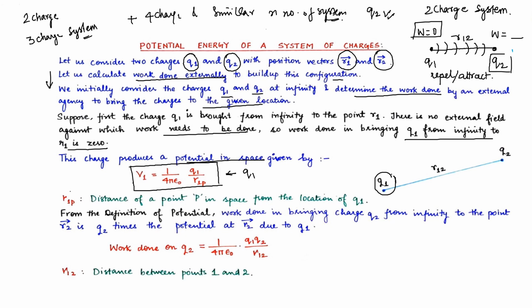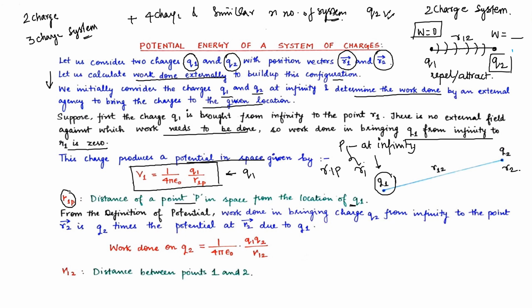Now this distance R1P is the distance from the point P in the space to the location of Q1. From infinity to this particular distance we are bringing it. This distance is R2.